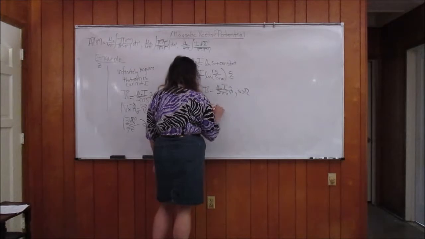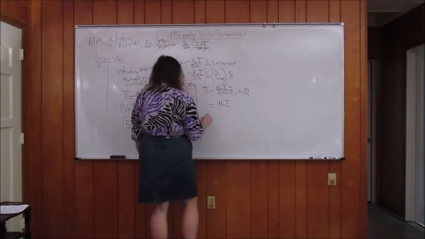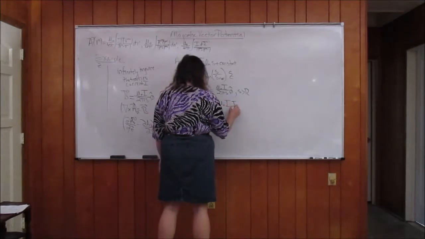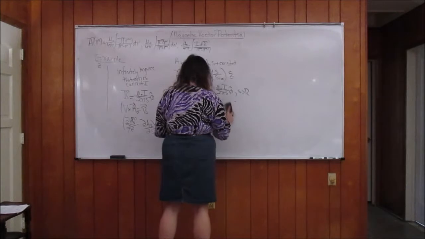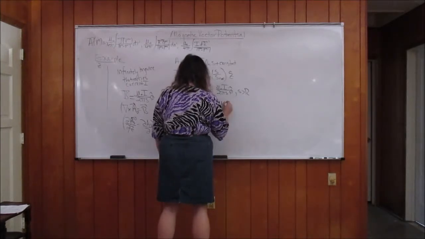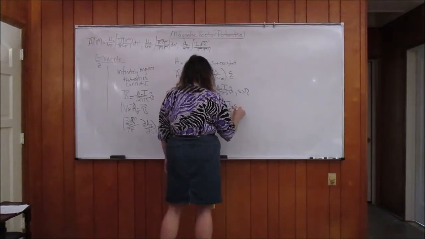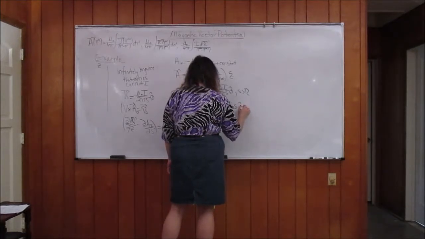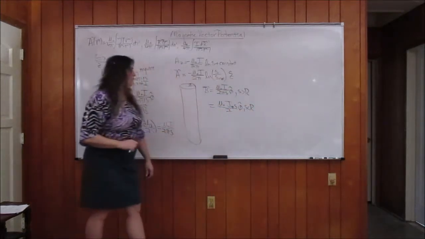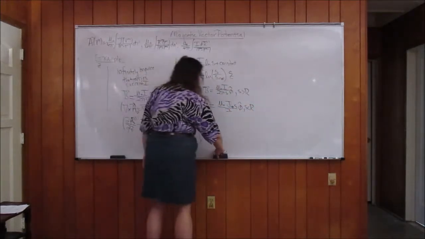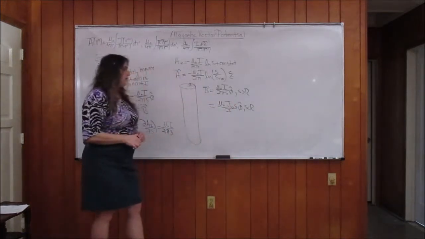Inside, however, is this form: mu naught times J naught, where J naught represents the uniform volume current density, times s over 2.